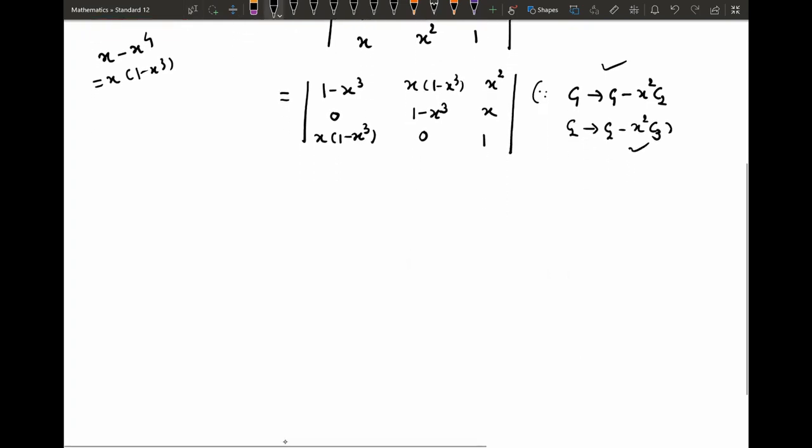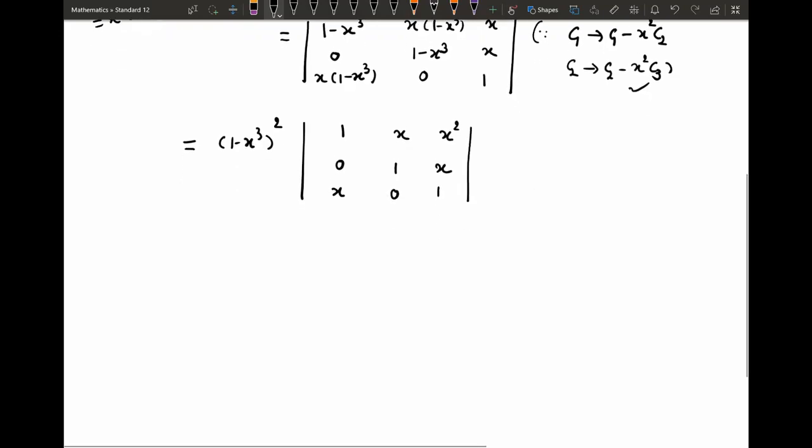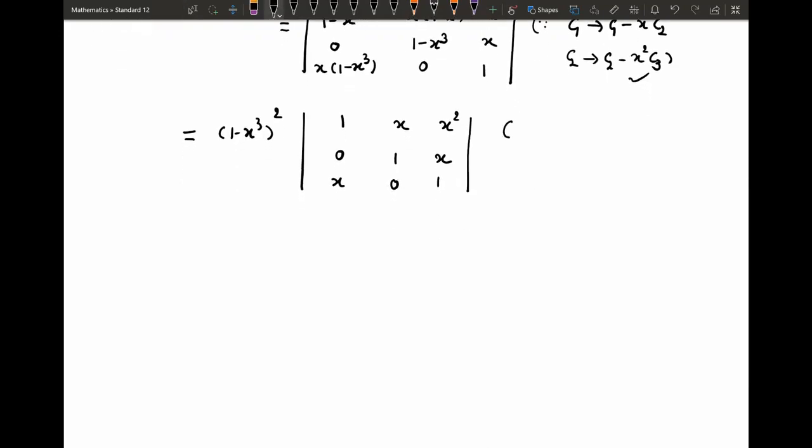So now let us take 1 minus x cube common from first and second column 2 times. So outside there will be a square, and the determinant with rows 1 0 x, 1 ... 0 x square x 1. So we have taken 1 minus x cube common.